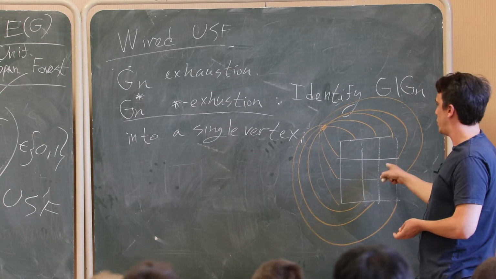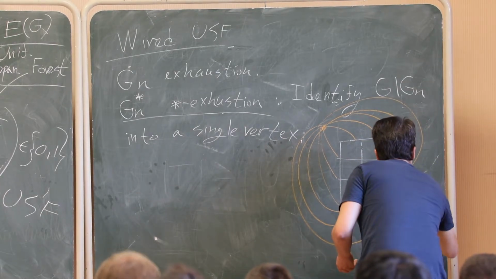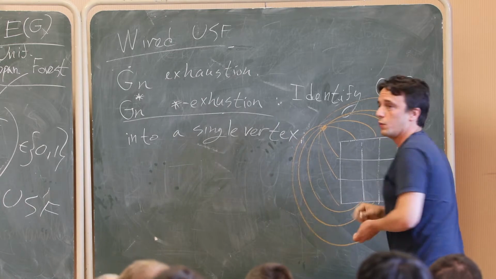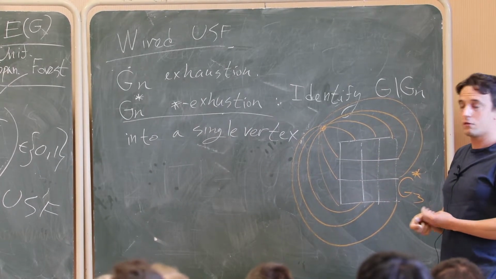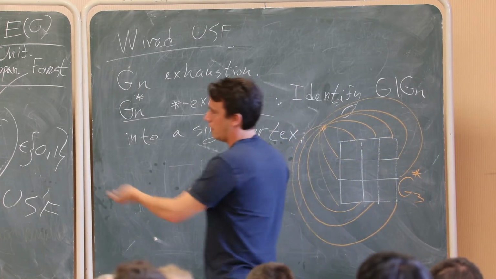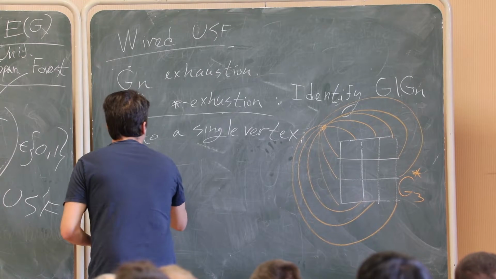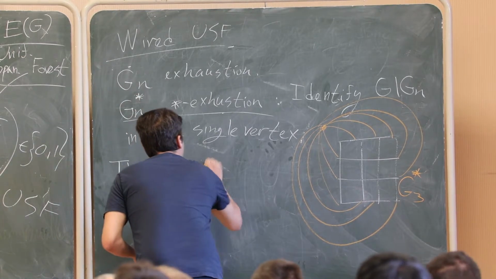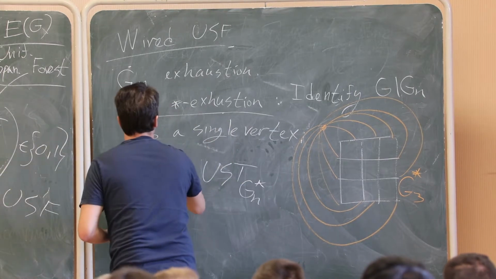This is G3 star in this particular example. It is not a subgraph of G, but the theorem of Robin, which we prove in the same way, is that the limit of the UST on Gn star also exists.